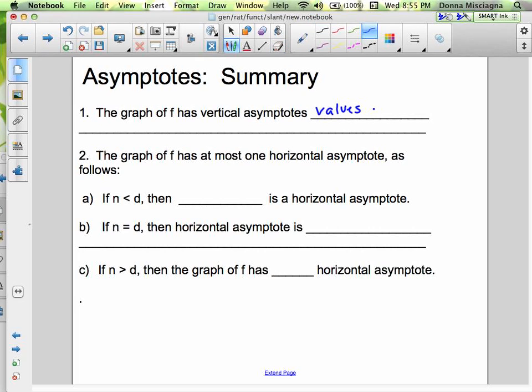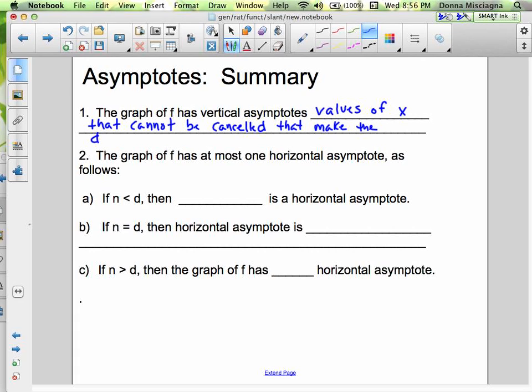Values of x that cannot be reduced or canceled. I like the word canceled. That make the denominator equal 0.